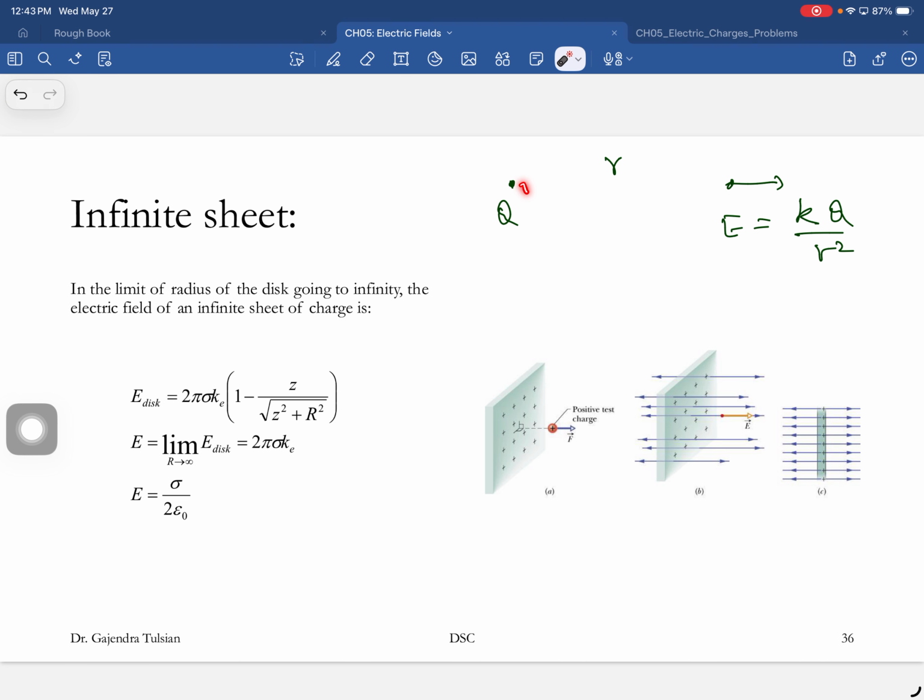You see, for this point charge, the field fell off as 1/r squared. For this one, you're going to find the field here and here. So if you sprayed it with positive charge, the field will be in this direction. And here's the expression for the field. Sigma is the charge density, charge per unit area, over 2 times epsilon naught. Epsilon naught is a constant called the permittivity of free space.